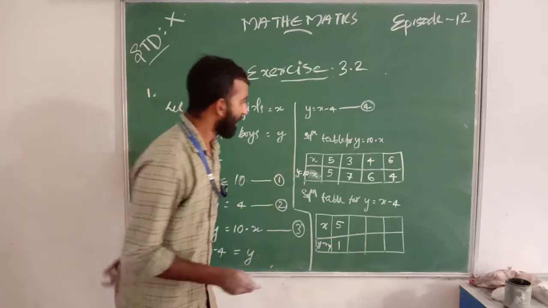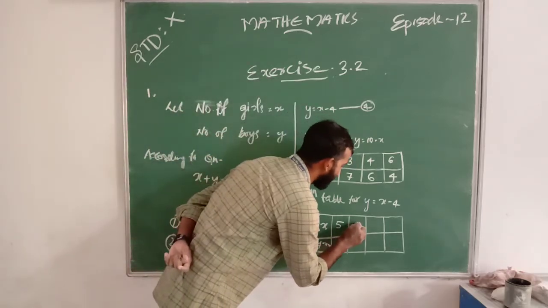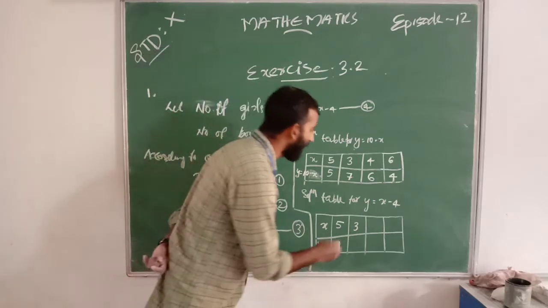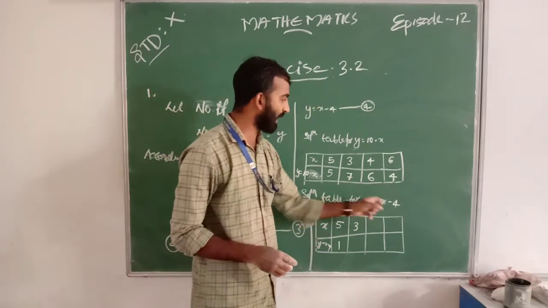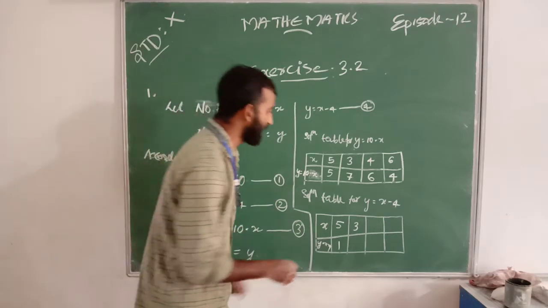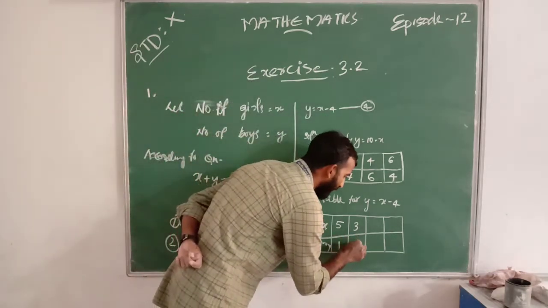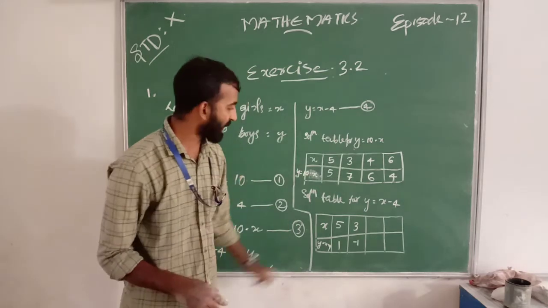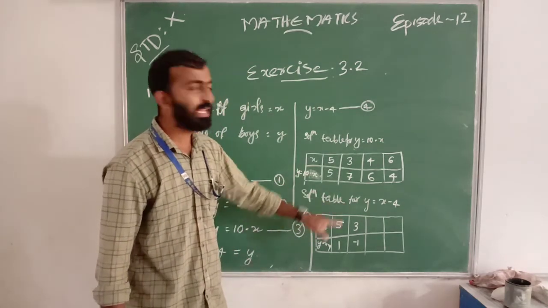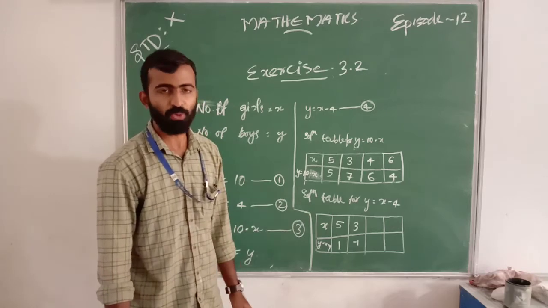Next we can give 3. When we give x as 3, we get negative 1 because y is x minus 4.